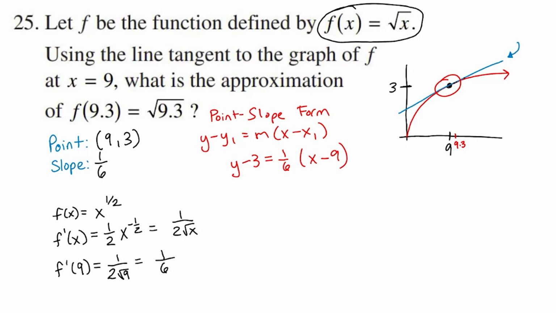So let's go ahead and do that. y minus 3 equals 1/6 times 9.3 minus 9. 9.3 minus 9 is 0.3, and now we need to multiply that by 1/6. Here we've got a terminating decimal times a fraction which does not have a terminating decimal. So we're really going to have to convert that to a fraction to get the exact value.